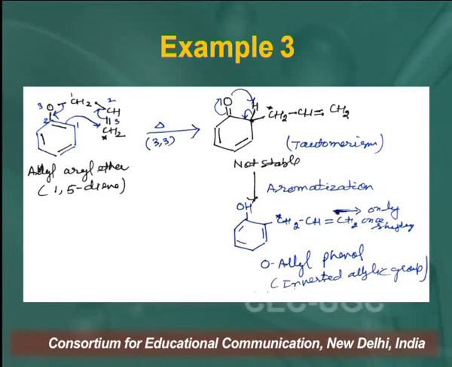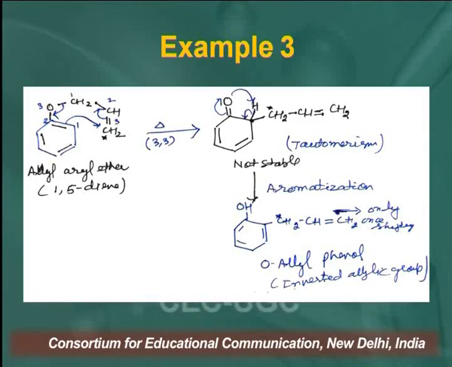Learners, one important point to remember: the last carbon you can see on your screen, which I have marked with a star, that marked carbon is attached to the benzene ring at the ortho position. You can see the 3,3 shifting takes place, and that carbon is attached to the ortho position.